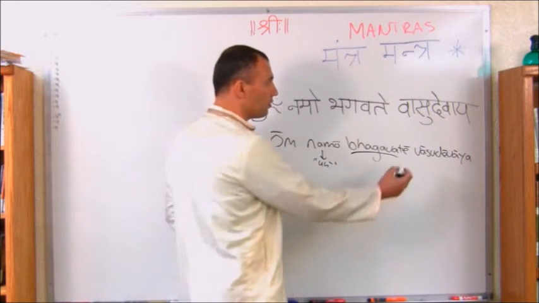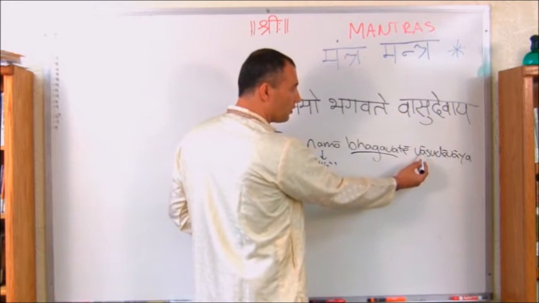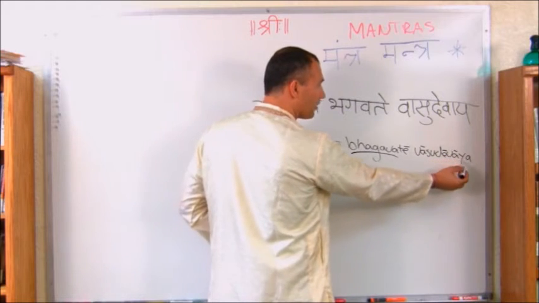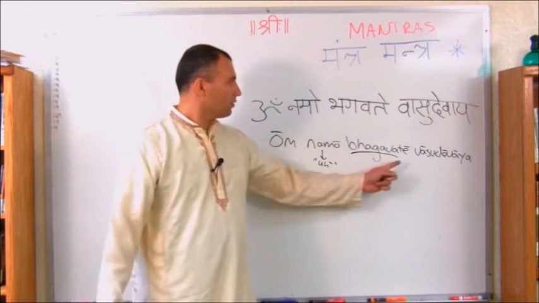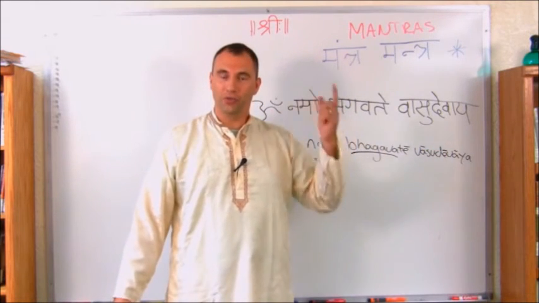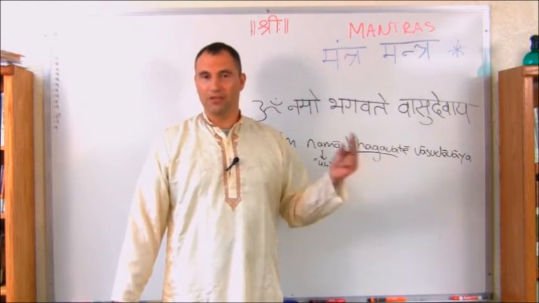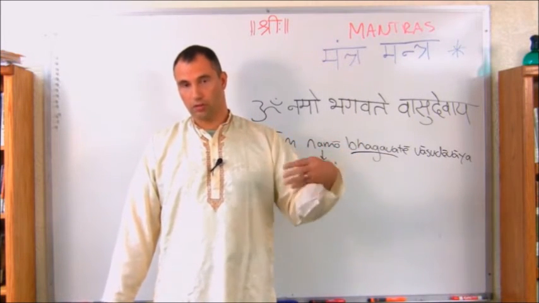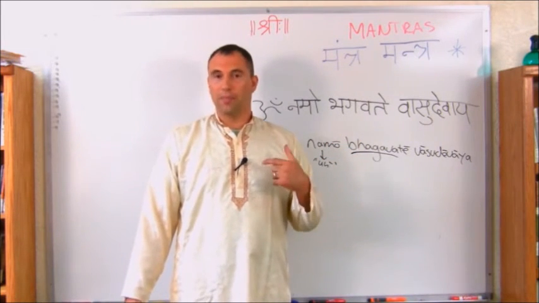Vasudevaya. So here, Va. This is a long A. Su. Short. De-va-ya. Vasudevaya. See how quick you go on the short vowels and long you linger on the long vowels. And I'm not exaggerating.